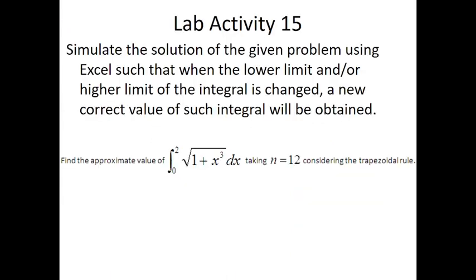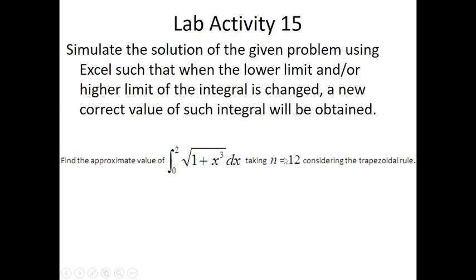So you will answer an activity. Simulate the solution of the given problem using Excel such that when the lower limit and/or higher limit of the integral is changed, a new correct value of such integral will be obtained. In this example, n is equal to 12.